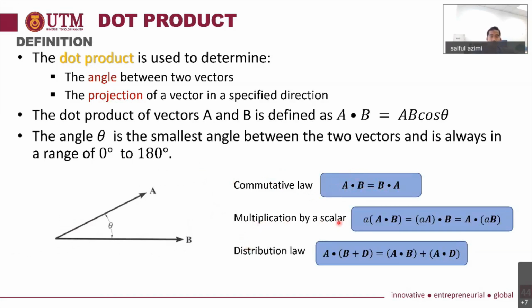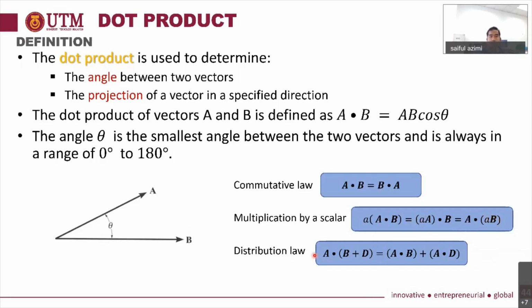If your dot product is multiplied by a scalar, for example a small a, then a multiplied by the dot product of A and B equals a multiplied by vector A dot B, or A dot a multiplied by vector B. So you can multiply the scalar with either one of the vectors, A or B.